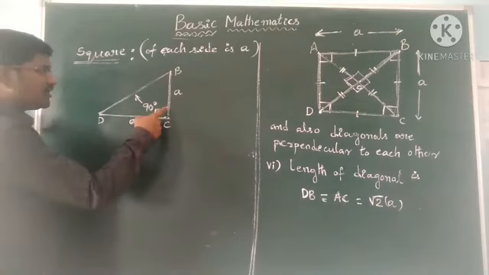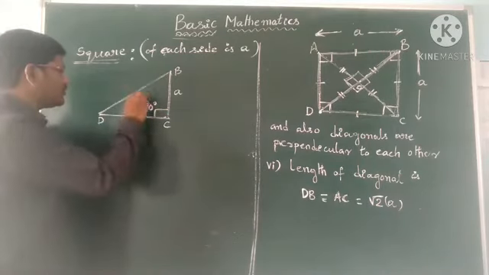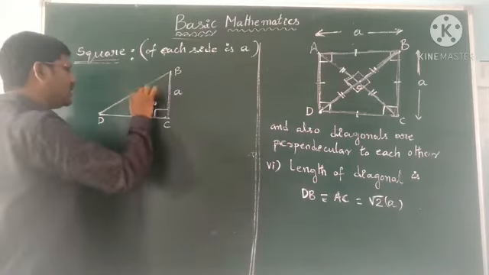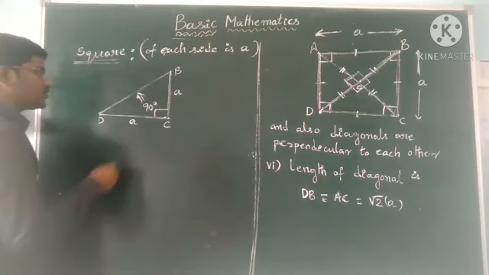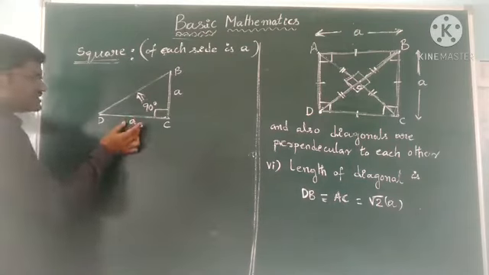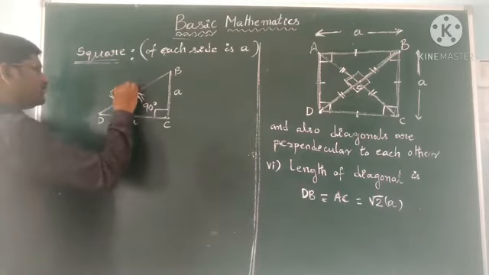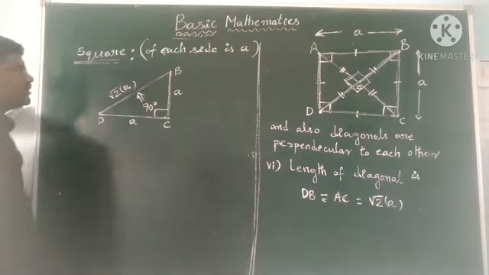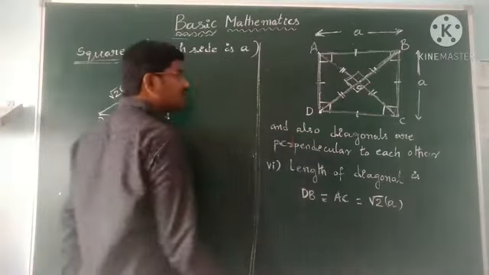So it is a right angled triangle. If its length is A, its length is A, then from the properties of the triangle it will be root 2 into A. So DB length is equal to root 2 into A.